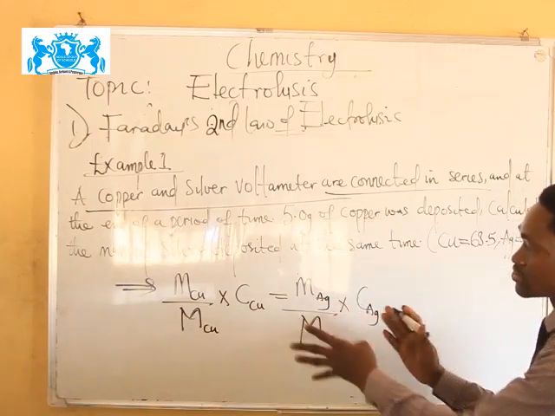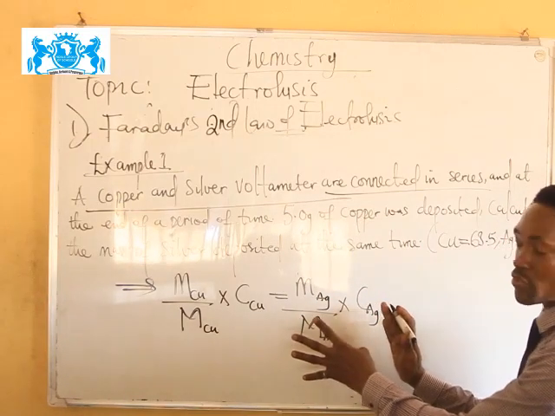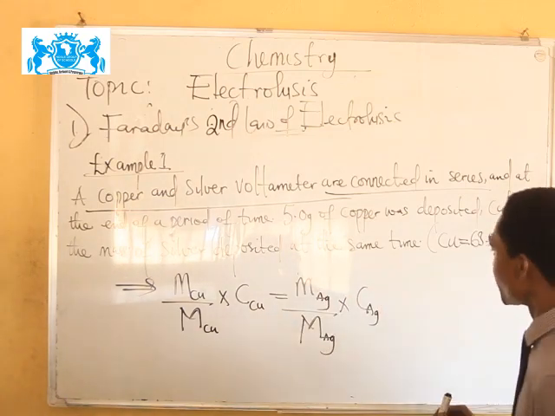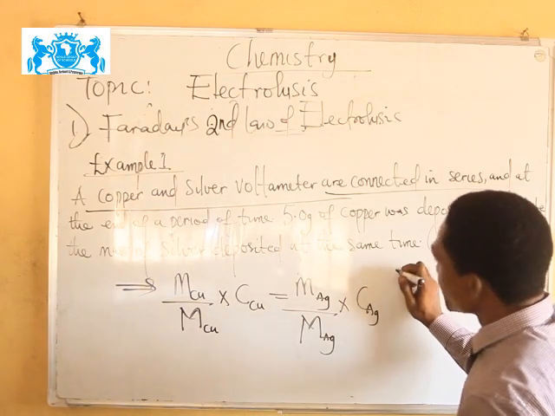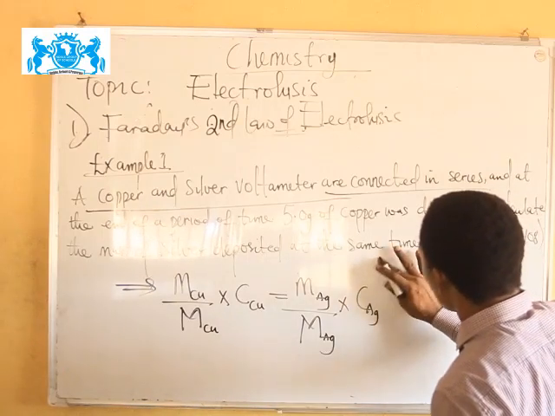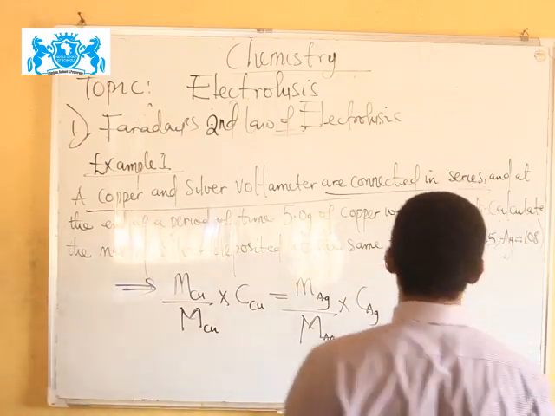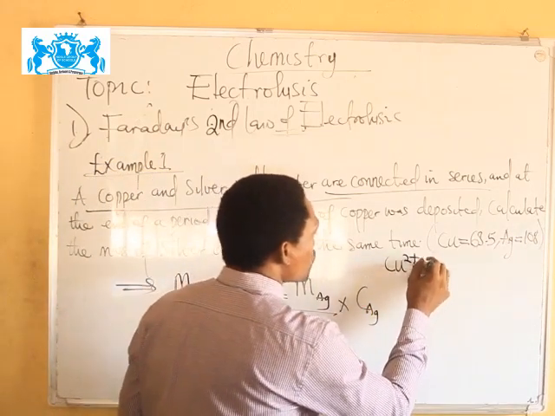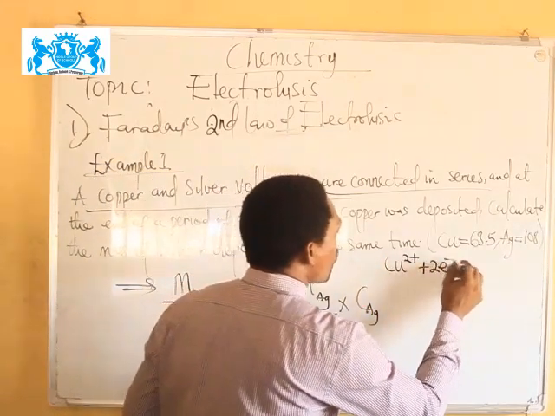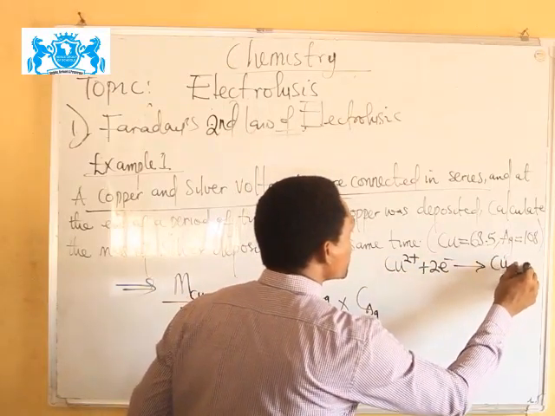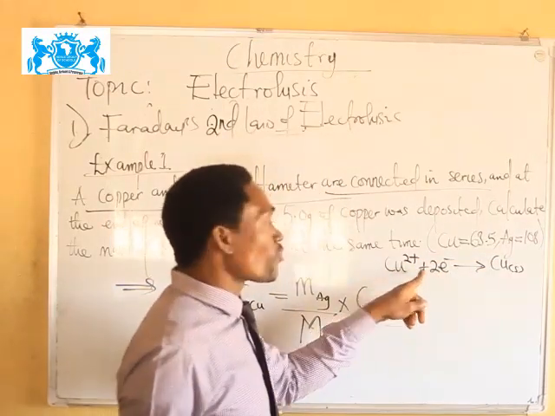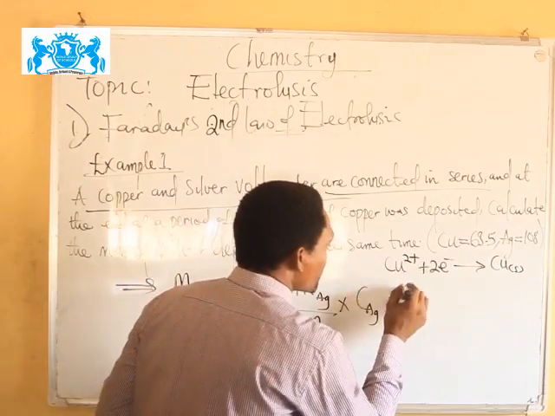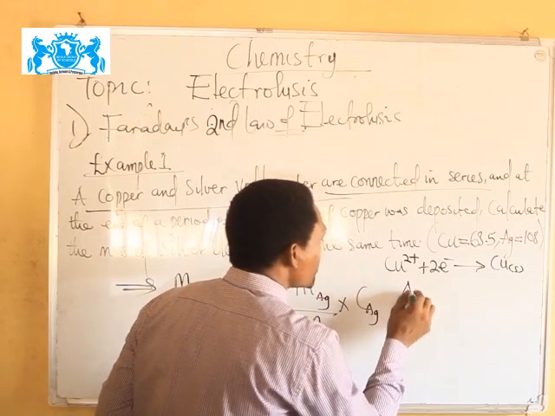Now, we are comparing two electrolytic cells, so I constrict it to just these two compartments. Remember that for 1 mole of copper to be deposited, copper is Cu2+. It will have to gain 2 electrons to come out as Cu solid. So from here we are going to get the charge. Very important. That of silver is Ag+.